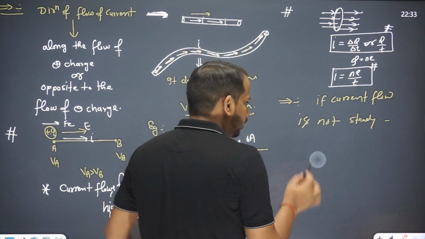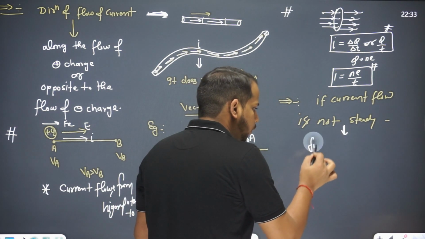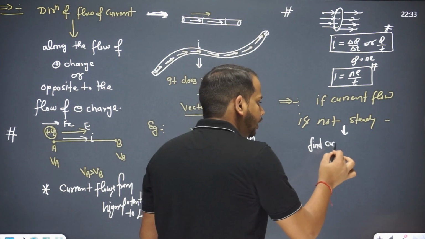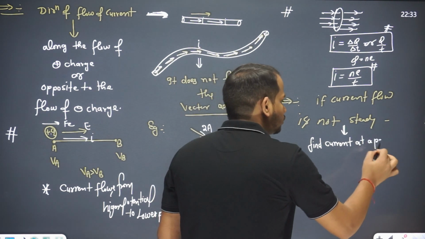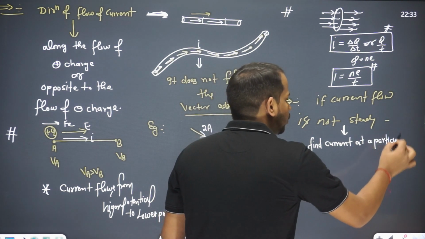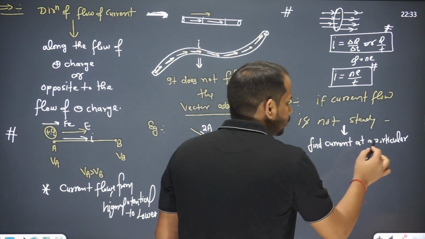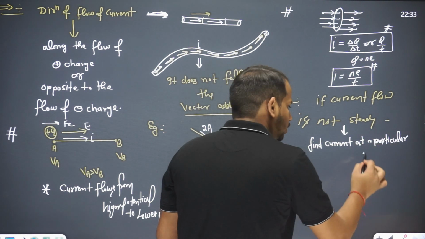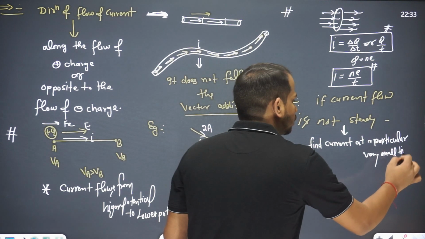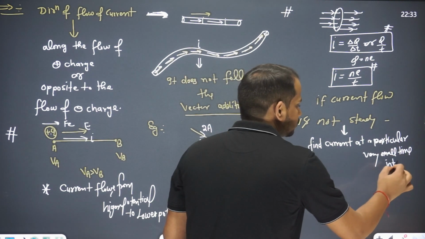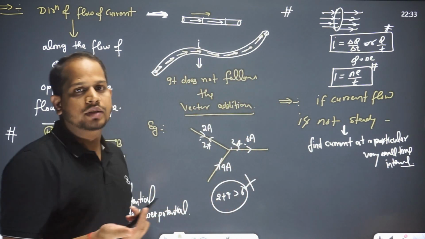If there is no steady flow, we have to find the current at a particular time, in a very small time interval. Very small time interval means delta will be replaced by d, as you know.